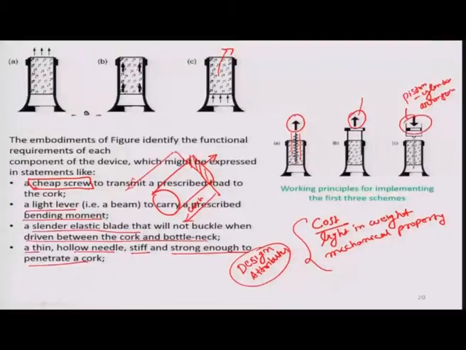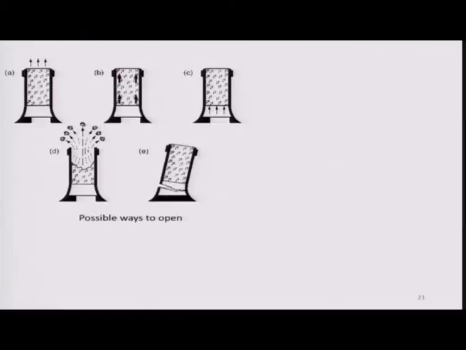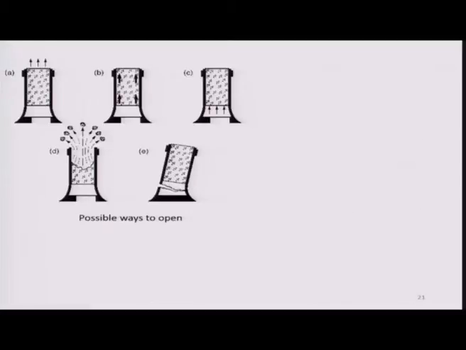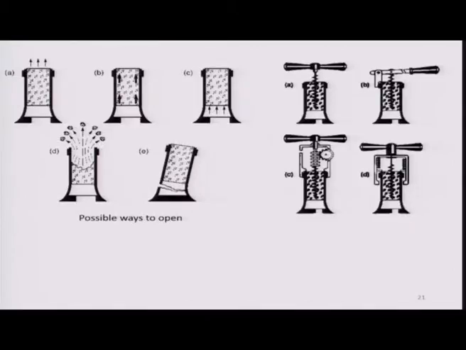Okay. So, here for the previous one, to make an axial pull, this may be a possible way to open the cork. So, how is it made?